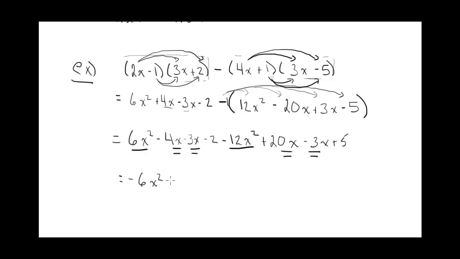Minus 3 would be 10x. And then constant terms, minus 2 plus 7 plus 3. So we're down to just a trinomial. So this big, ugly question to begin with, turns out when you simplify it, you just get a simple trinomial. Or not simple, but you get a trinomial.